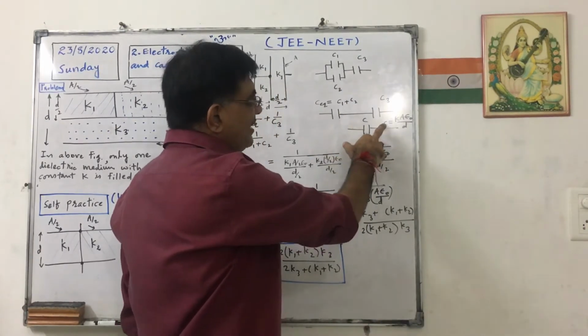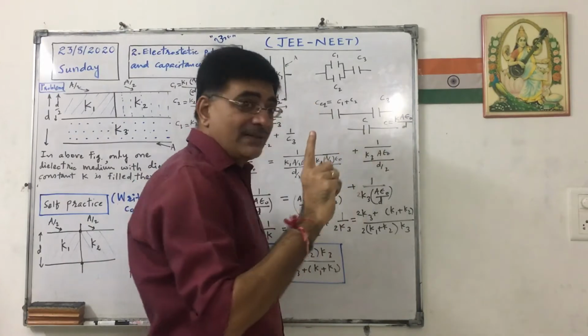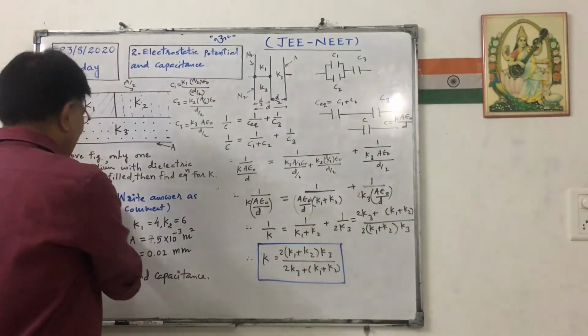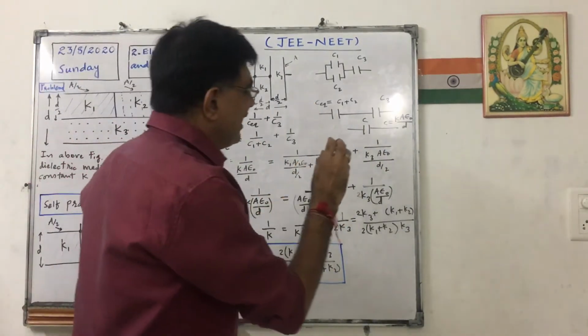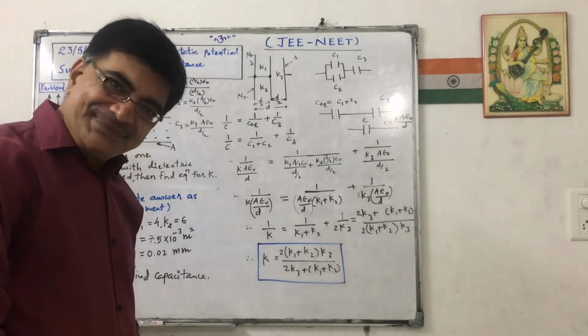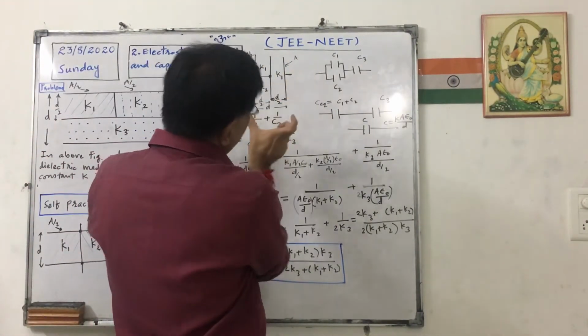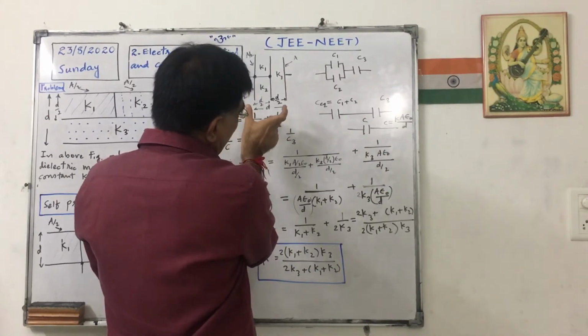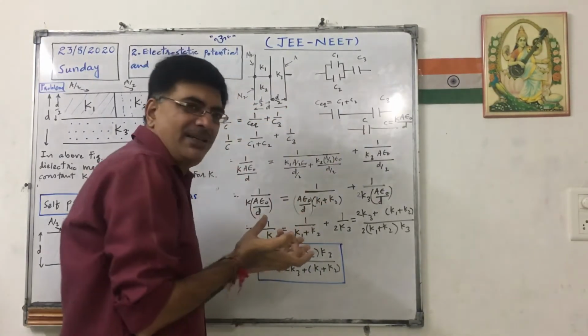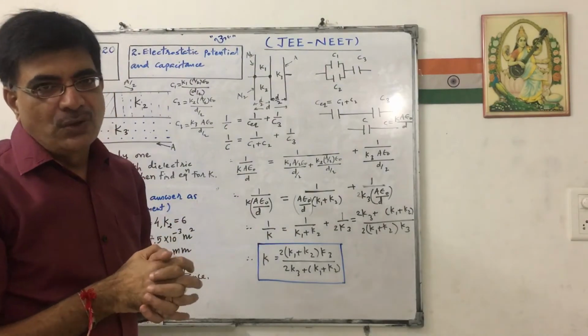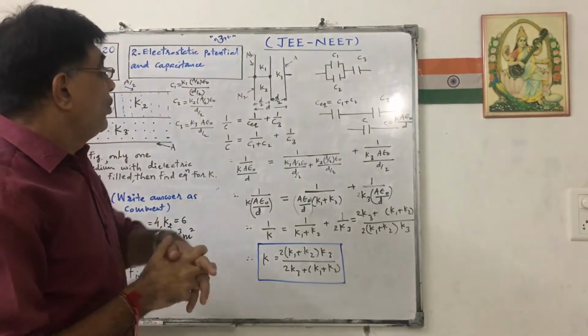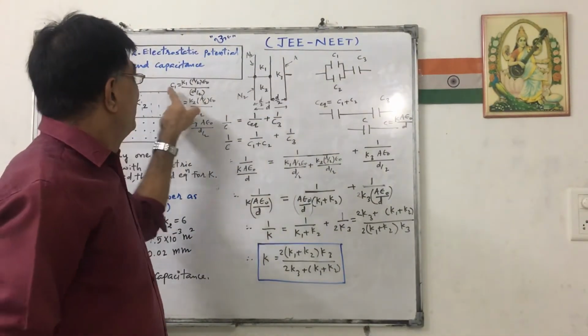Then C can be written as K into A epsilon naught upon D, because the final capacitor will have the total area and the distance between the two plates will be D. What about C1?